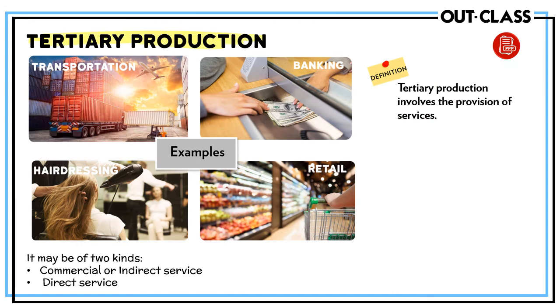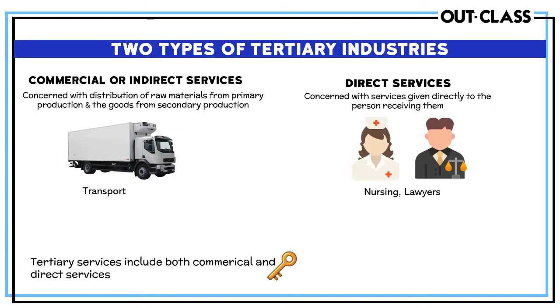Tertiary production, that is the third stage of production, involves the provision of services. These can be of two kinds, commercial or direct services. Let's discuss them in detail in the next slide. The commercial or indirect services are concerned with distribution of raw materials from the primary production and the goods from the secondary production to where they are required, or we can say making products available to those who want them.